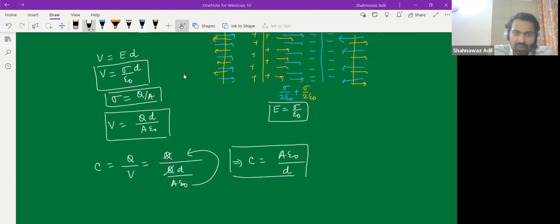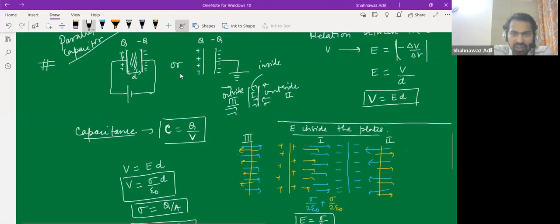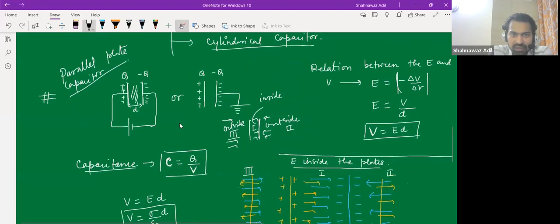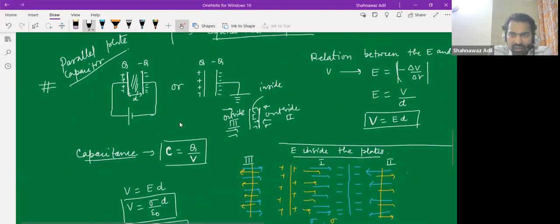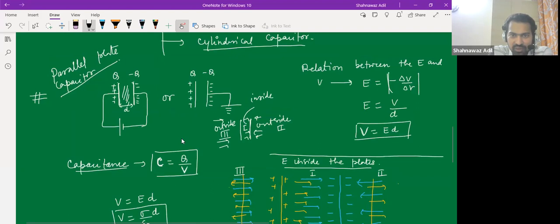So this part you have already done in your CBSE course. I'm just repeating that. Right. So please note it down. And if you have any doubts, you can also ask.